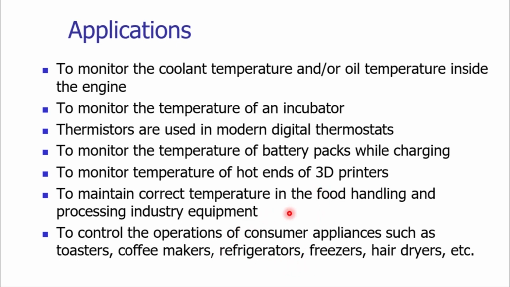Thermistors are also utilized for applications such as food handling and the processing industry. Moreover, we can utilize thermistors for domestic consumer appliances such as toasters, coffee makers, refrigerators, freezers, and hair dryers.